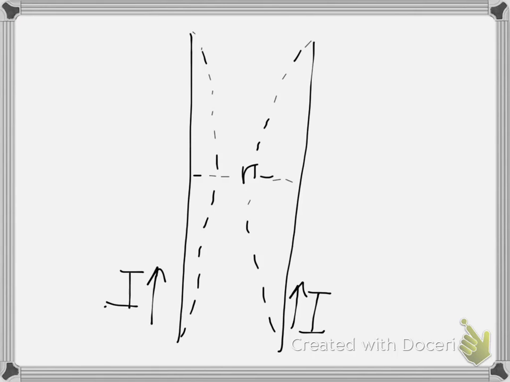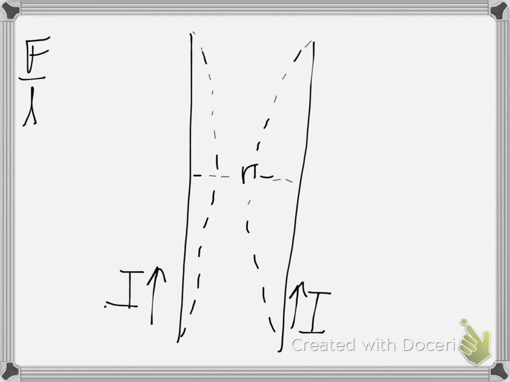Instead of describing it in terms of a pure force, it makes sense to determine the force in terms of the force per unit length of the wires. This allows us to neglect how long the wires are. We don't have to worry about how long the wires are if we just calculate the force per unit length.